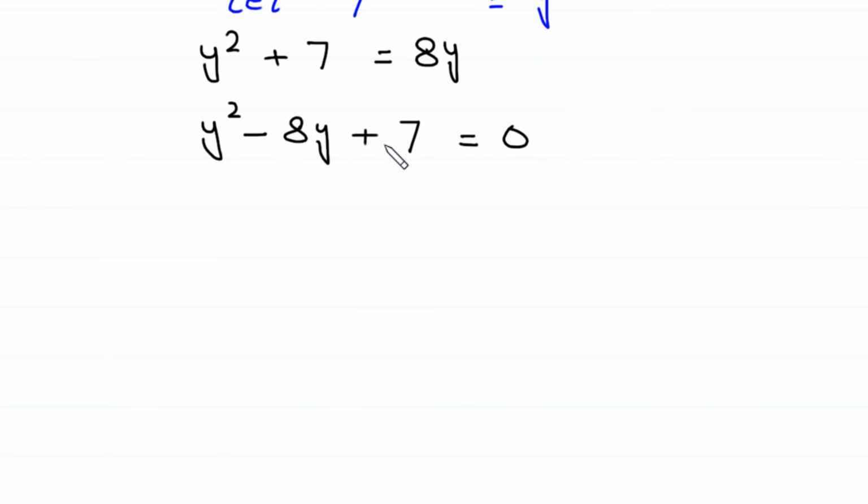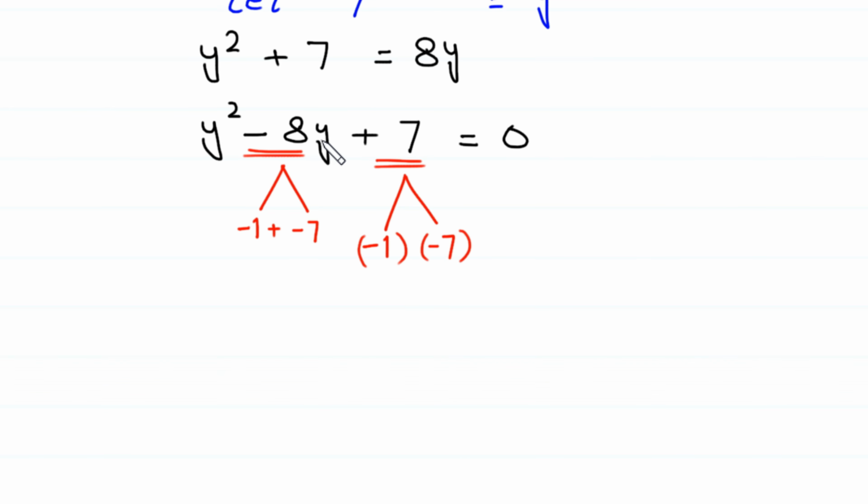Now, this is a quadratic equation and can be solved by factorization. We need to find two numbers whose product is this positive 7 and whose sum is this negative 8. Negative 1 and negative 7 are two numbers whose sum is negative 8, and whose product is positive 7.